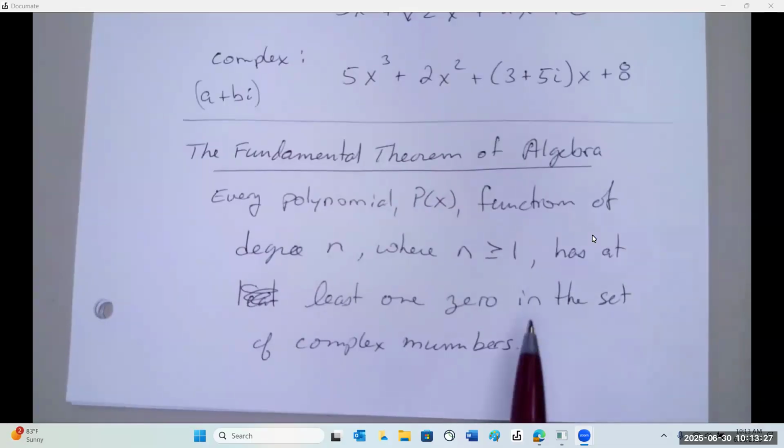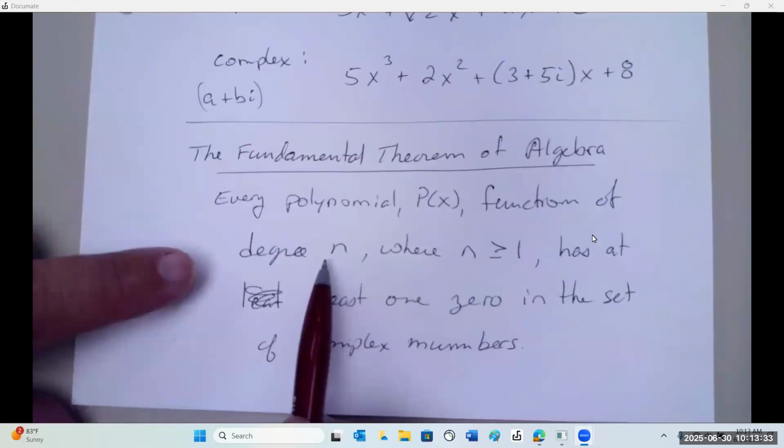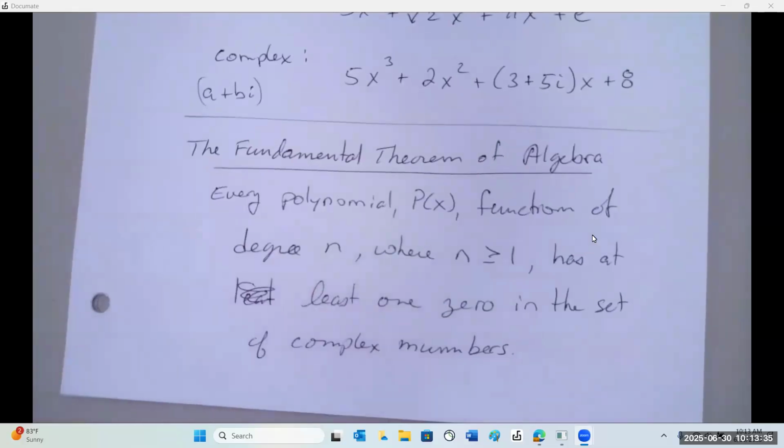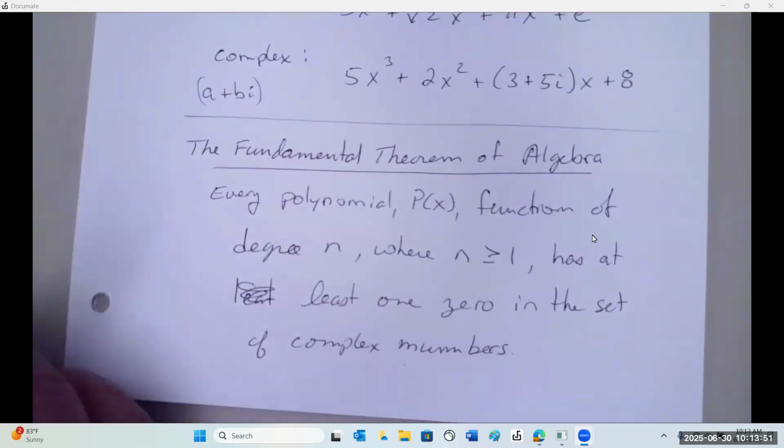Well, no, it's not conditioned on the degree. Because in order to be a polynomial, it needs a degree. And the degree has to be 1, a linear equation or greater, has at least 1 zero that's in the set of complex numbers.